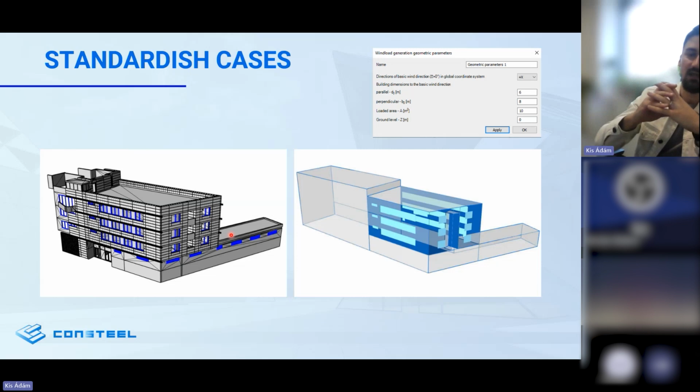It is a simplified, closed solid of the building. But obviously, it has its surfaces where we would like to have results, and the rest of it are just obstacles.